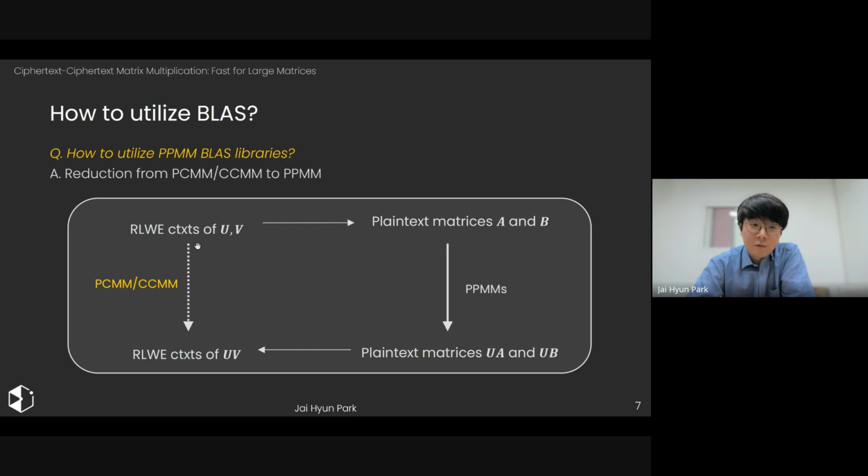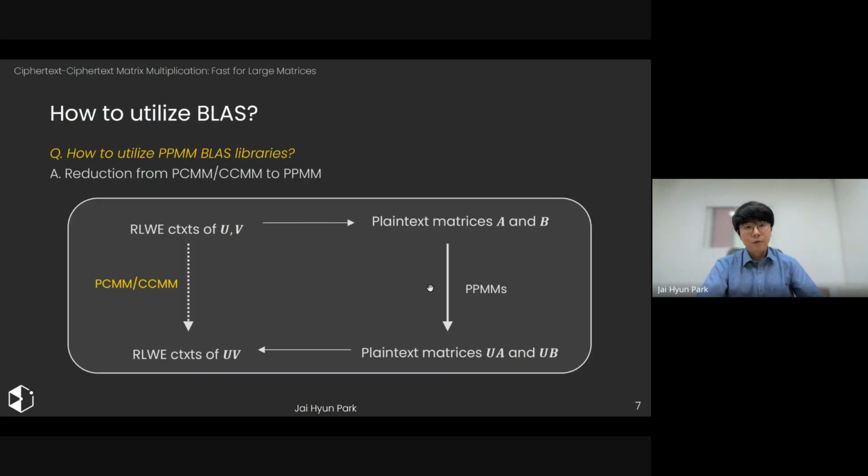And in that case, we can use the BLAS library for PPMM. So instead of doing PCMM or CCMM directly, we convert the ciphertext into plaintext matrices, call several BLAS routines, which are super fast, and go back to the ring LWE ciphertext again. So this is our framework. We want to do encrypted linear algebra by using BLAS libraries.